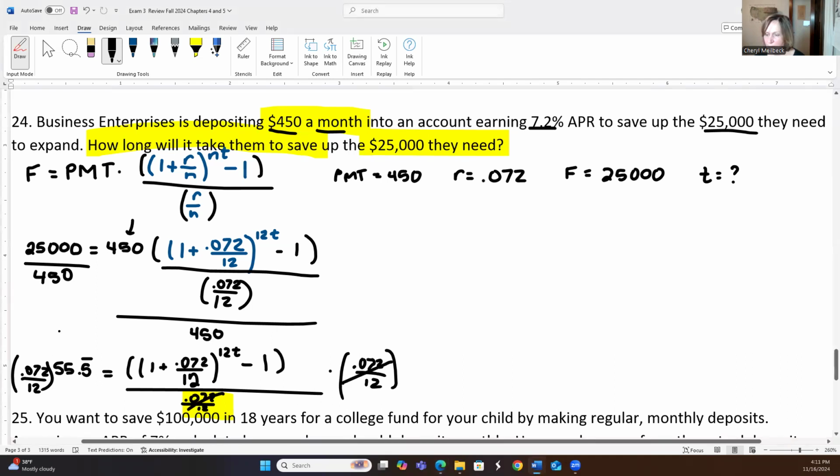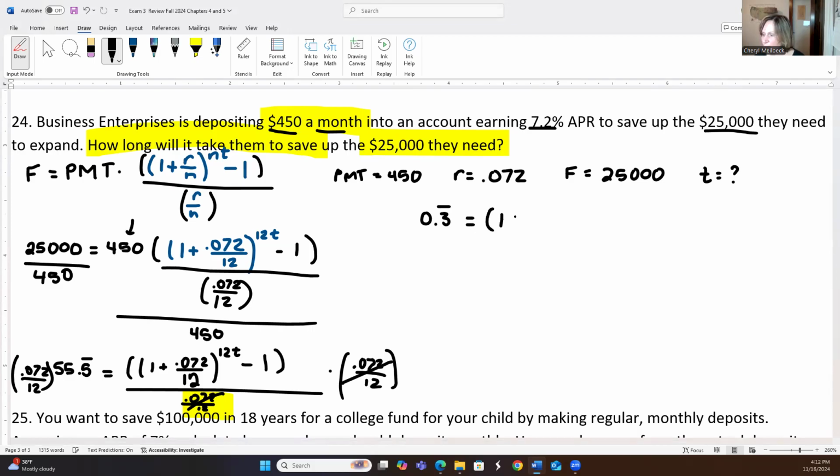That'll cancel it out. And on the left side, when you do the multiplication, you wind up with 0.3, and that just keeps repeating, is going to equal the 1 plus 0.072 divided by 12, to the 12t, and then minus 1.